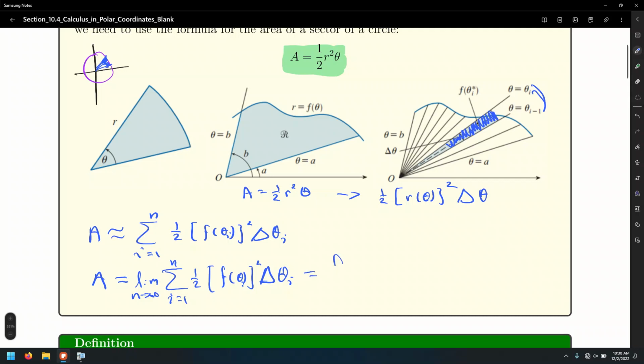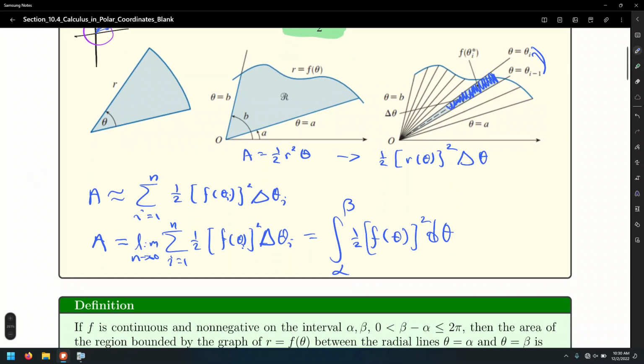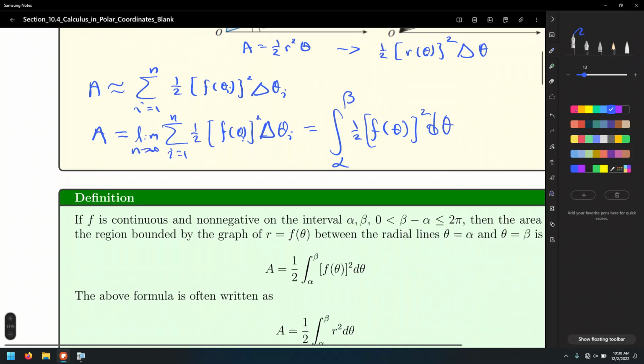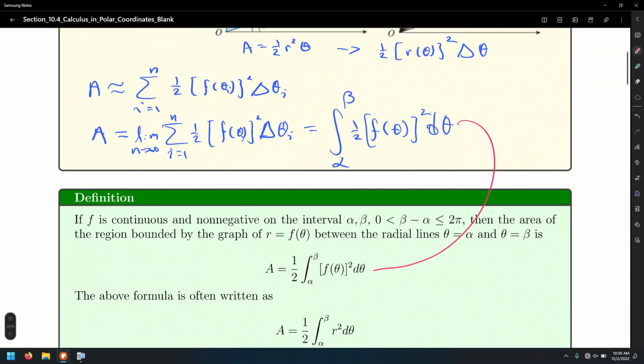And so that's the integral of 1/2 f of theta quantity squared d theta, and in this case between alpha and beta. Instead of saying a and b, we say alpha and beta. All right, and just take out the 1/2, which is a multiple constant, and essentially that's going to take us to this formula we have here.